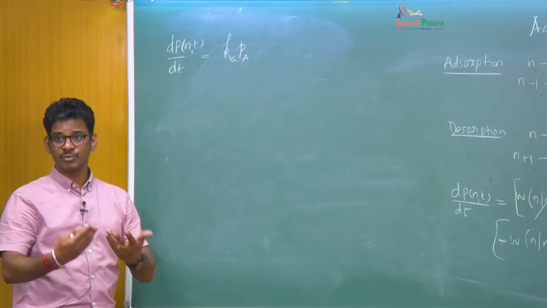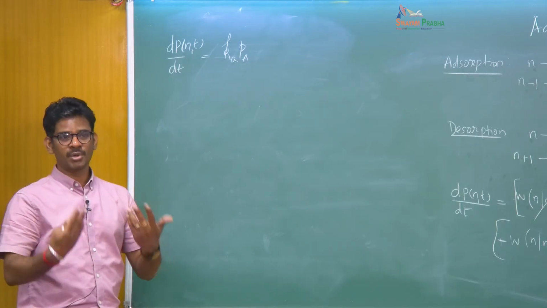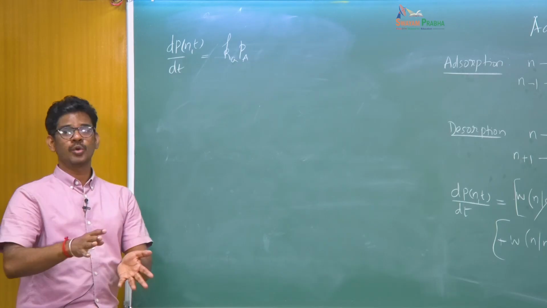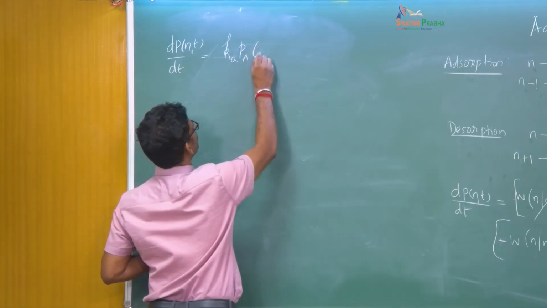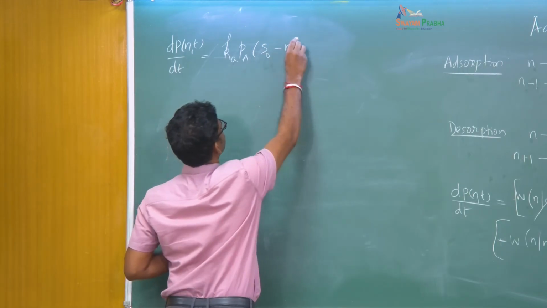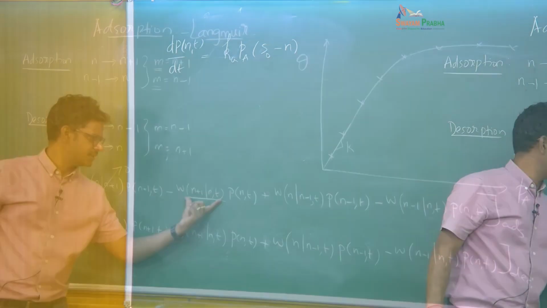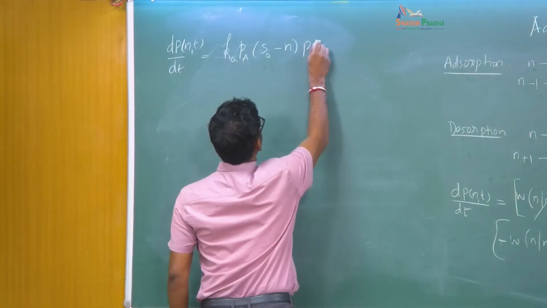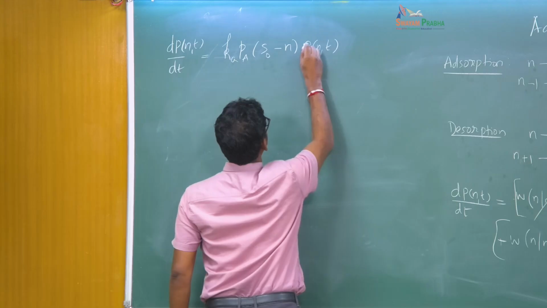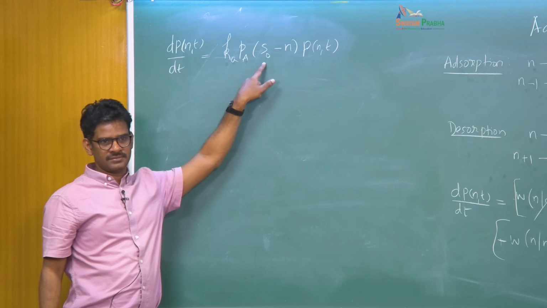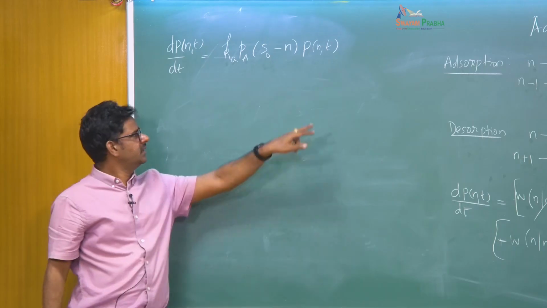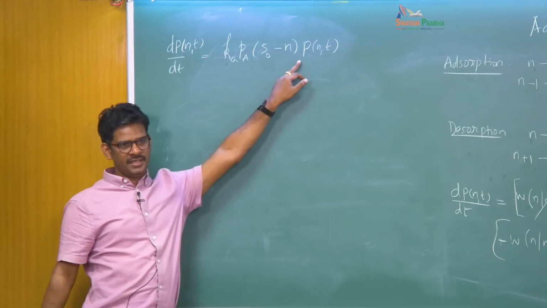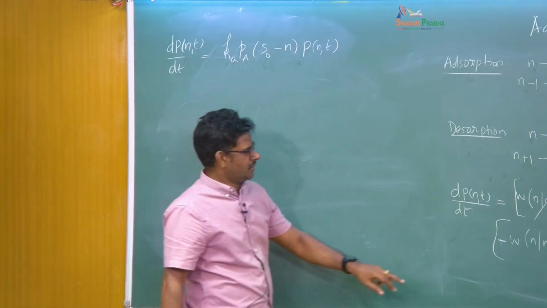The adsorption is proportional to the number of vacant sites. What is the number of vacant sites when there are already n occupied sites? S naught minus n. Okay, good. So this is going to be the rate: the adsorption rate constant times the partial pressure of the gas times the number of free sites. That tells you the rate of adsorption, where the system will go from n to n plus 1, times the probability that the system is at n at time t. So we have handled this.